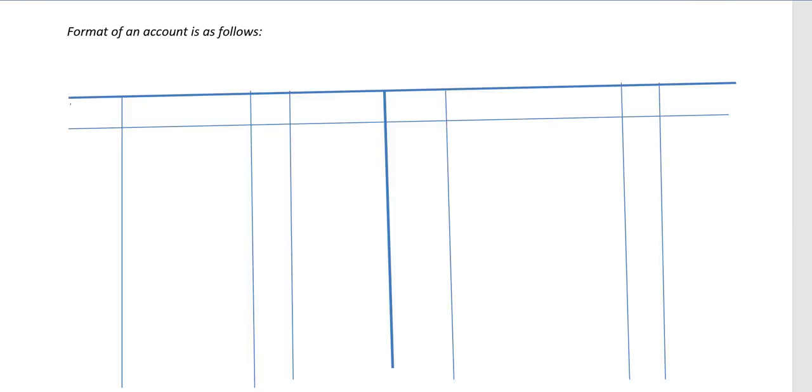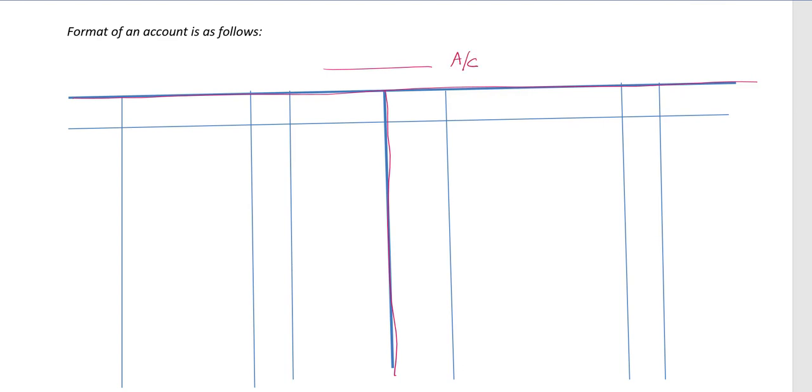Let's check out the format of an account. An account is in the form of a T shape. If you see the thick horizontal and vertical line over here, you can see that this account is in the form of a T shape. On the top of the T, the name of the account is written.